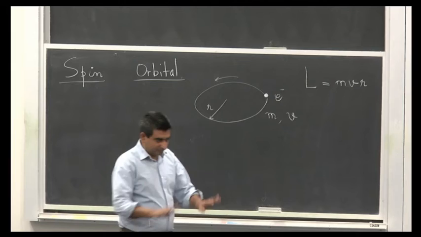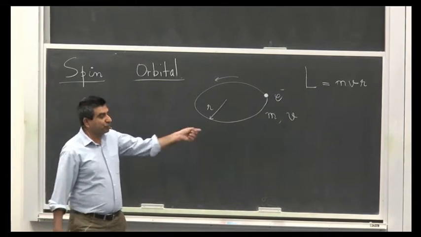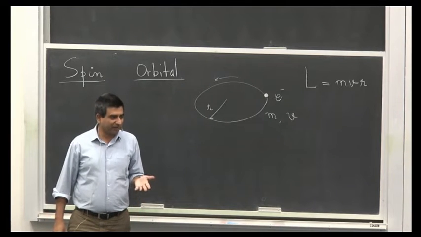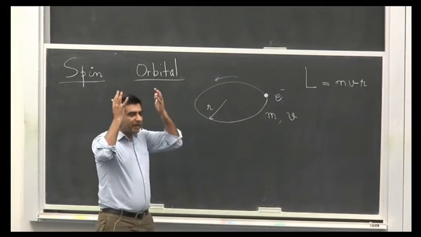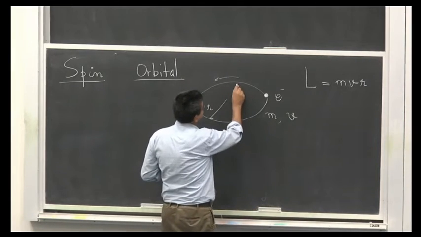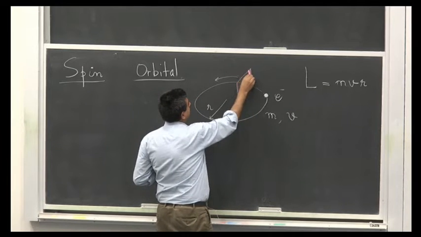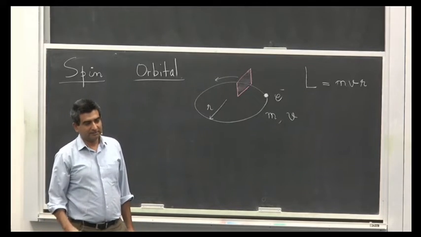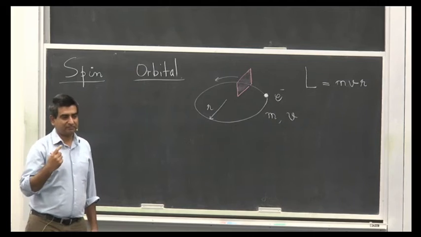Now, it's fun. Since this moving charge is also a current, that's what current is, a charge that moves gives you a current. So if in my mind I have a hypothetical screen, just a plane that cuts the orbit, then a certain amount of charge passes through this screen per unit time.